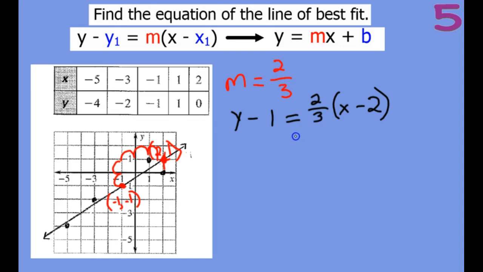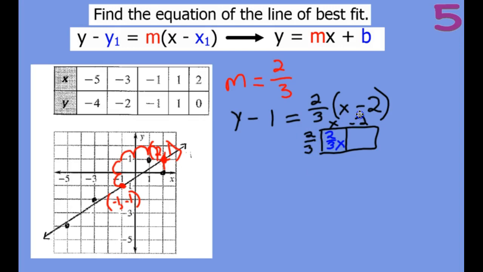Alright, so what we need to do now is we need to get rid of our parentheses. So we'll draw a box. x minus 2, and 2/3 goes out front. So 2/3 times x is 2/3 x. 2/3 times -2.